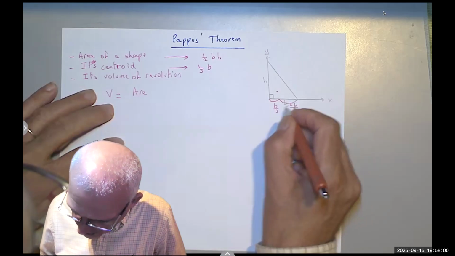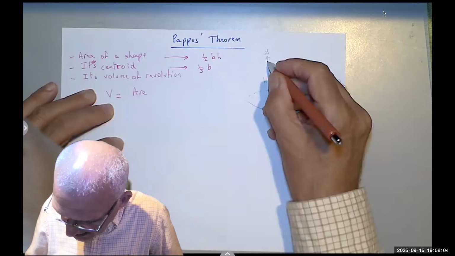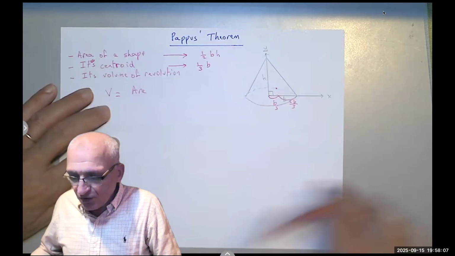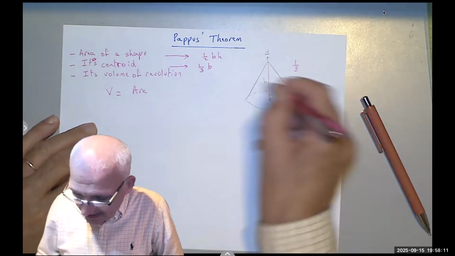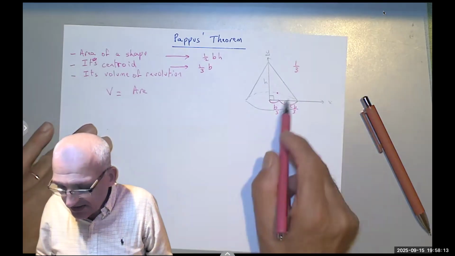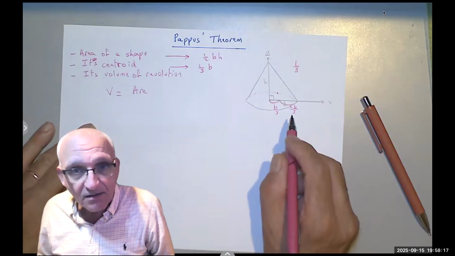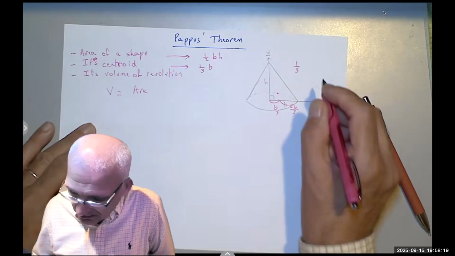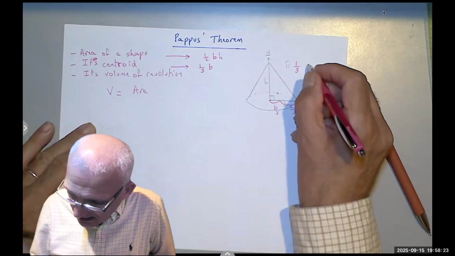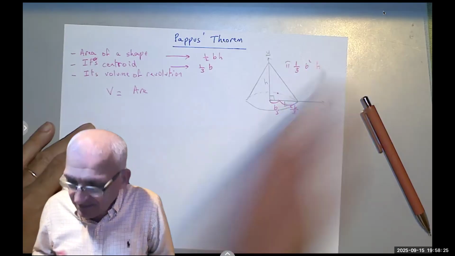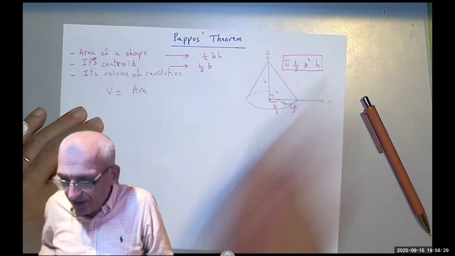You will get a cone that looks something like that. And we know the volume of the cone is 1/3 the area of the base. Notice the base here is a circle of radius B, right? So pi B square times H. That's the volume, right? 1/3 pi B square H.